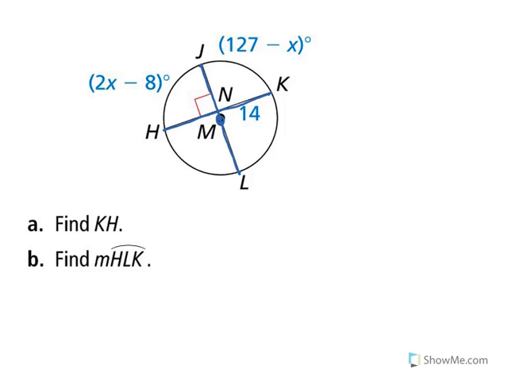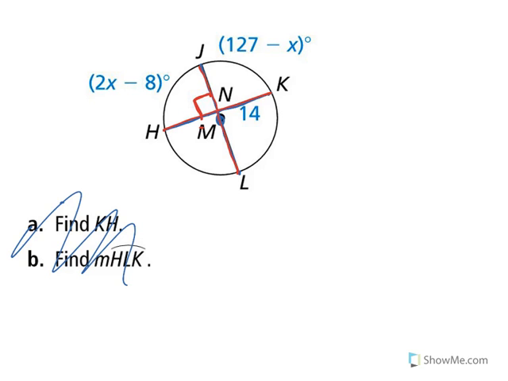Okay, so before you even read the questions, don't even read the questions yet. Just think about what we've got going on here. So the things are perpendicular. Okay, so if our chord is perpendicular to our diameter, then it means that the diameter bisects our chord.